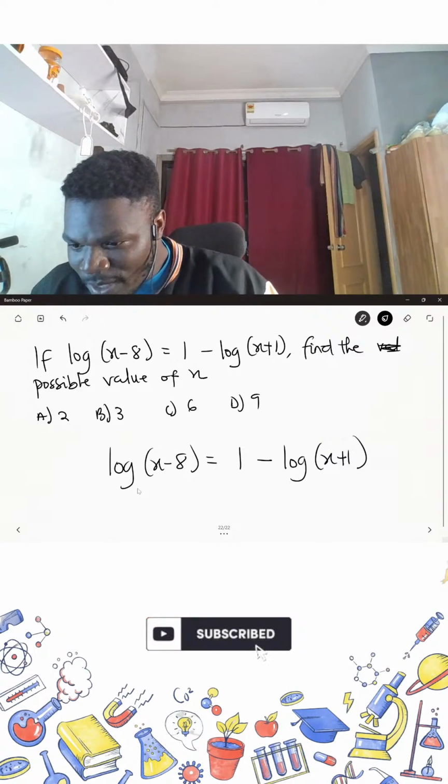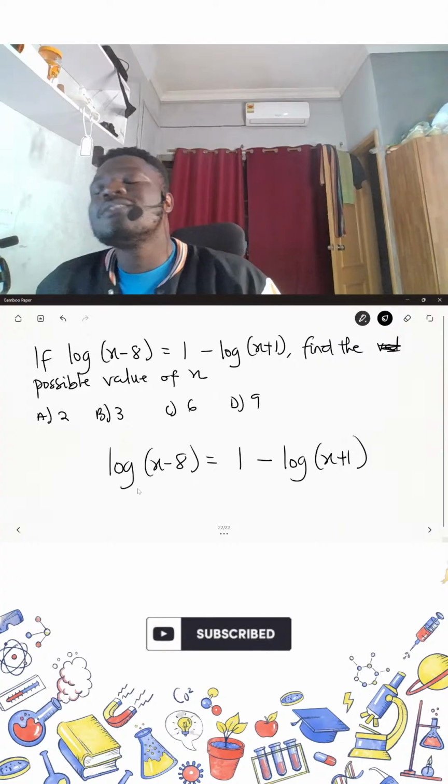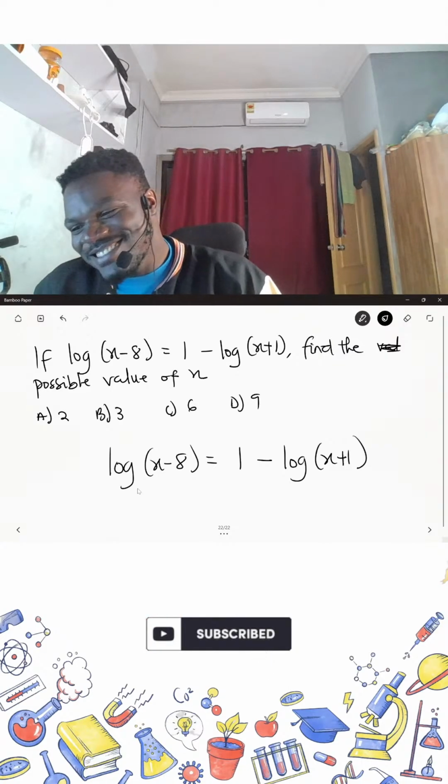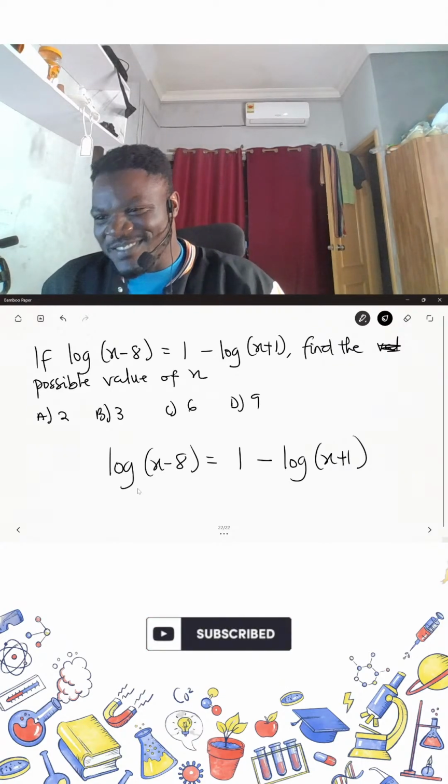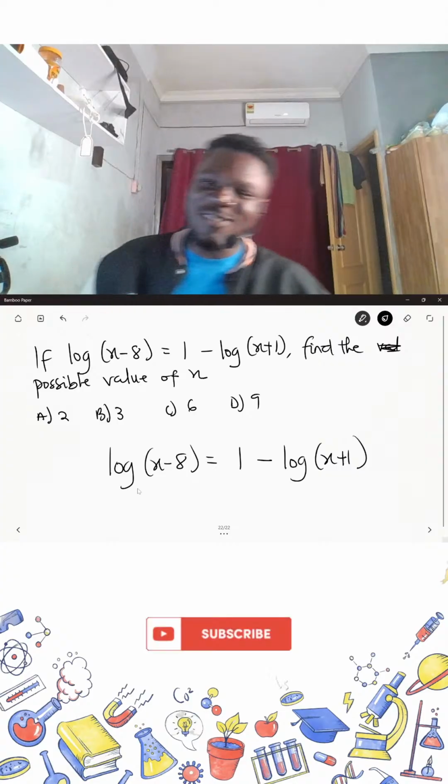Suleiman is saying x squared minus 7x minus 9 is equal to 0. Solve it. Suleiman, solve it and give me the value of x.